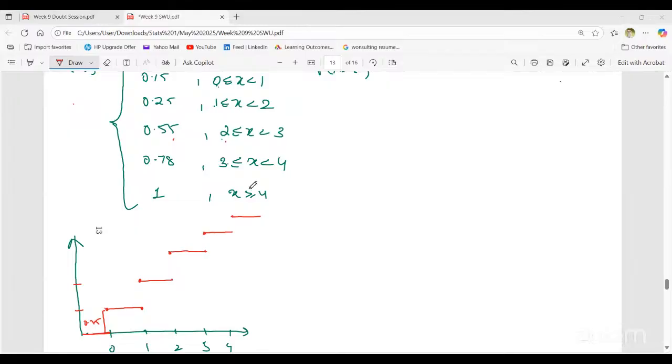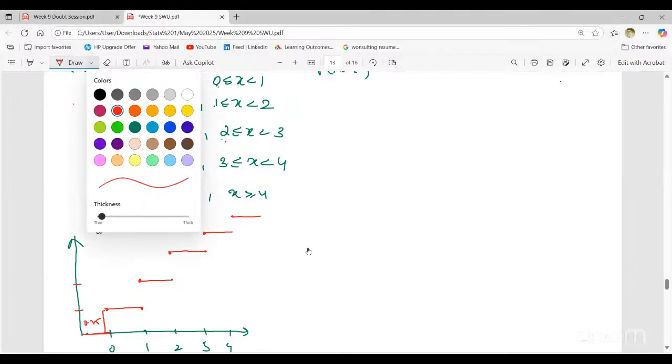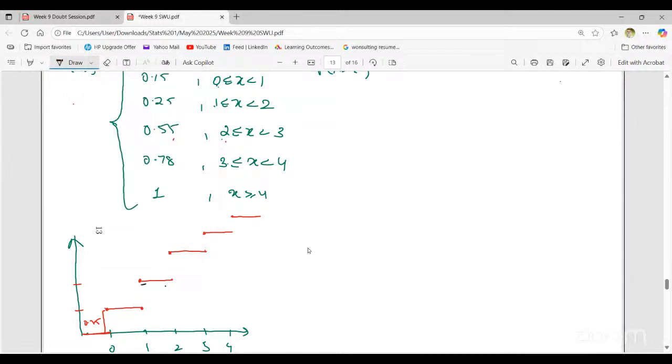Now we know one thing, that this distance is my PMF, the probabilities. The distance between these two points, and these two points, these are my PMF. This value is the value at 0, this value is the value at 1, this at 2, this for 3, and this for 4. Is it clear?